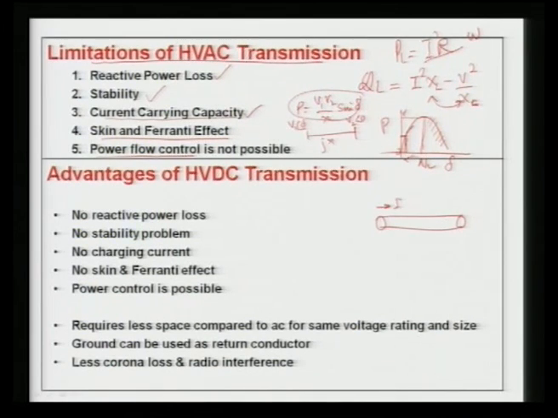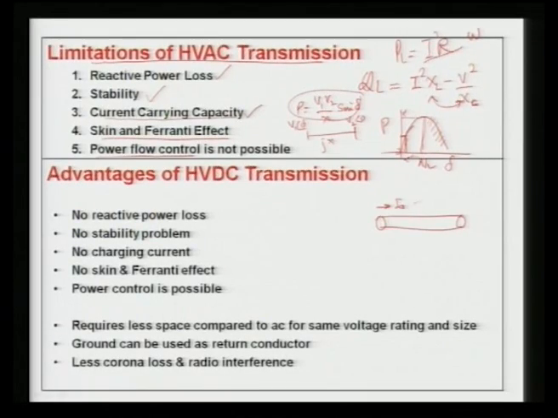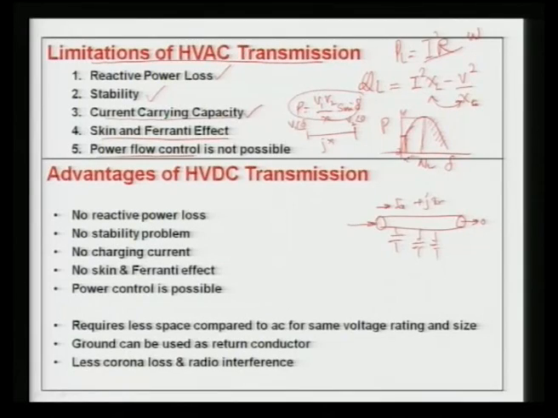Now, if it is an AC system, this current has two components, one active and another reactive. So, it is the total current which is flowing, but if your element has more charging, let us suppose there are capacitive elements like a cable, then even though you are not taking any active power, there is a possibility that the current drawn will be the rated current of this cable, because of the current flowing in the charging.